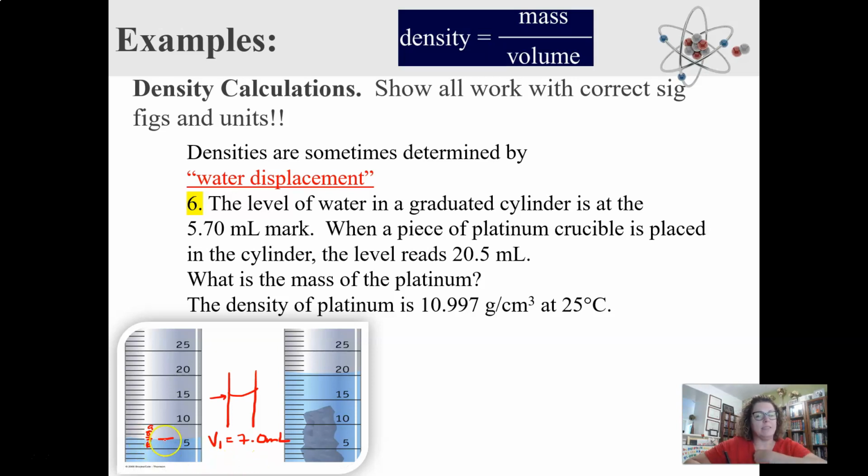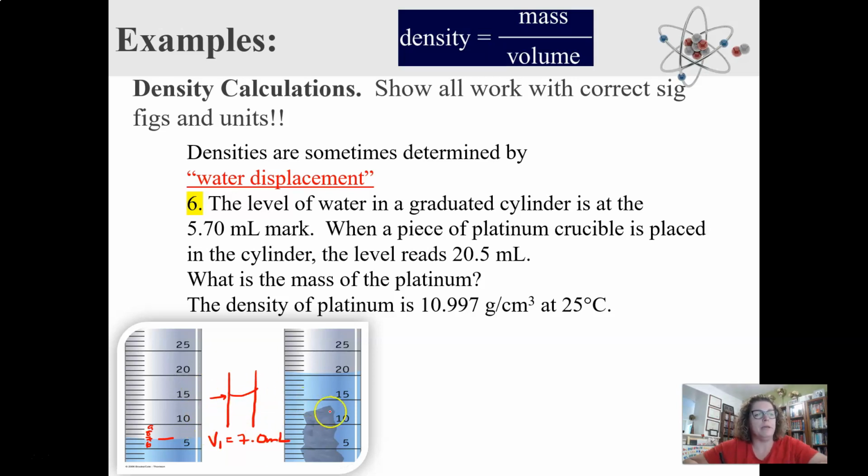I not only knew that was 7, but it was hitting the line, so I know it's exactly 7.0. If it had been between the lines, then maybe it would have been 7.5. So you do have to give that extra significant figure. Remember that last digit is called the estimated value. Maybe your eye sees 0, maybe your partner sees 1. It's okay, it's an estimated digit. But we should all have 7 point, at least 0 or 1.